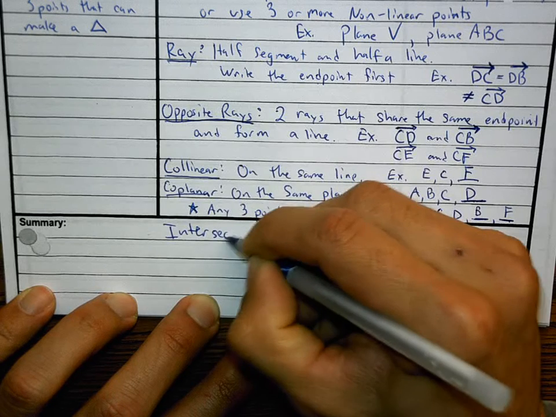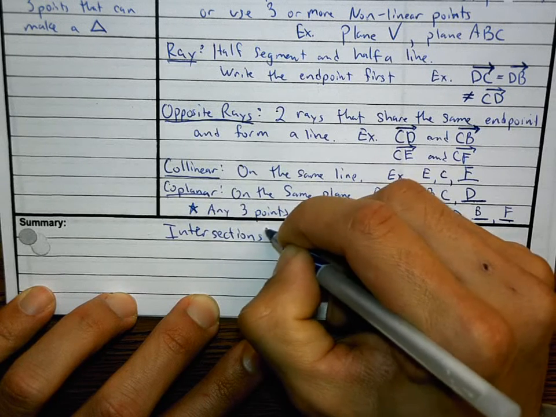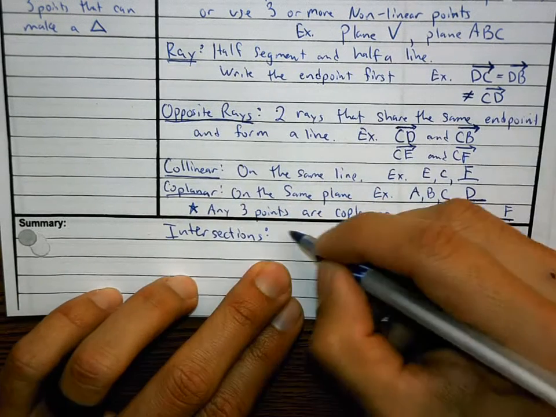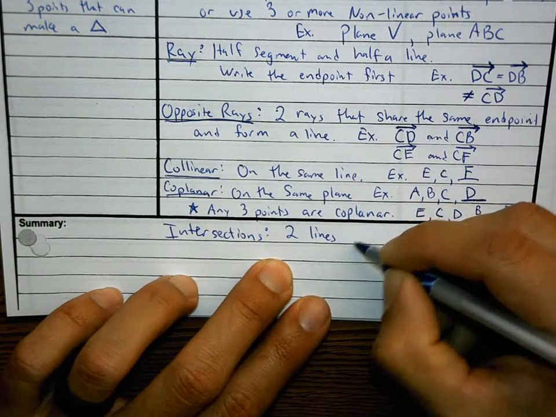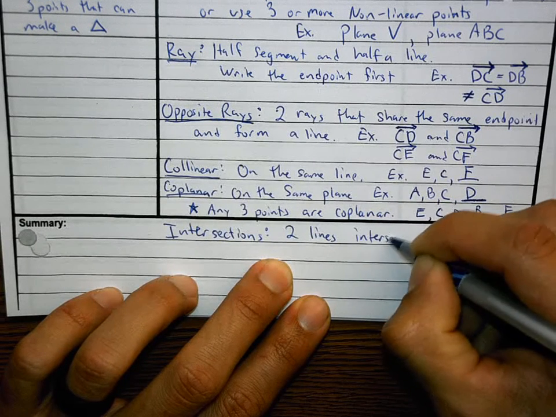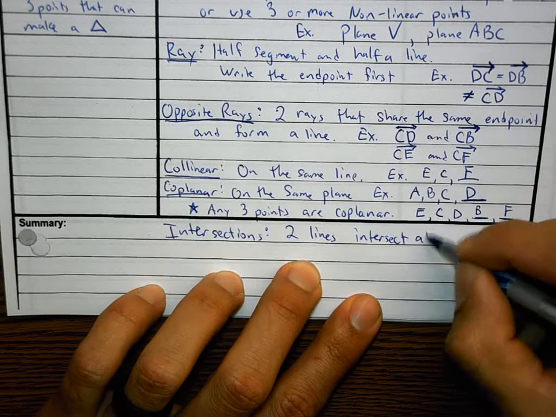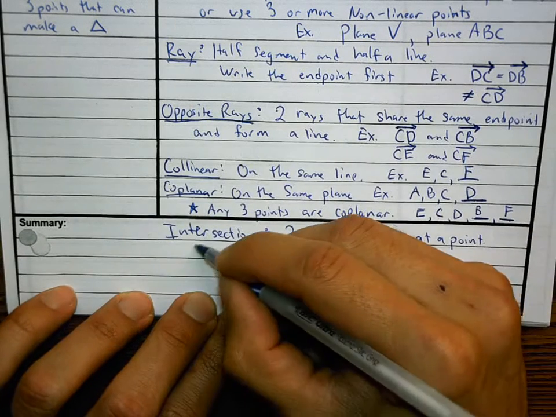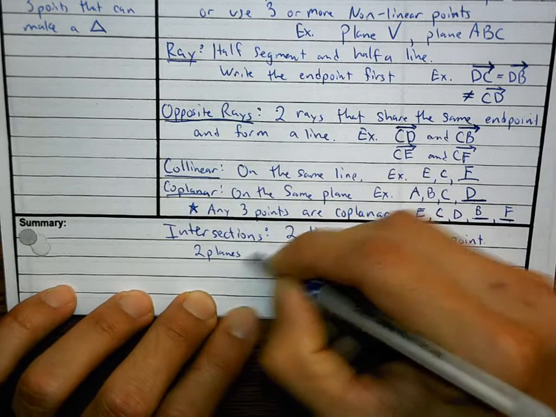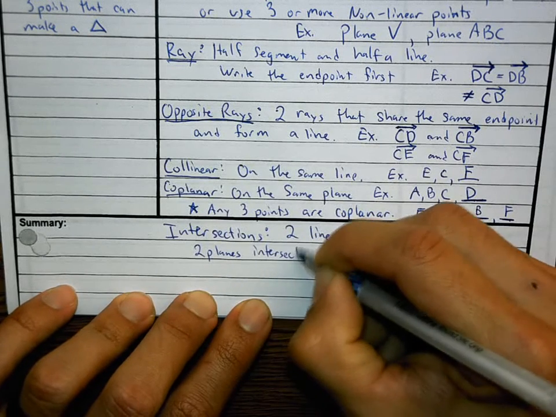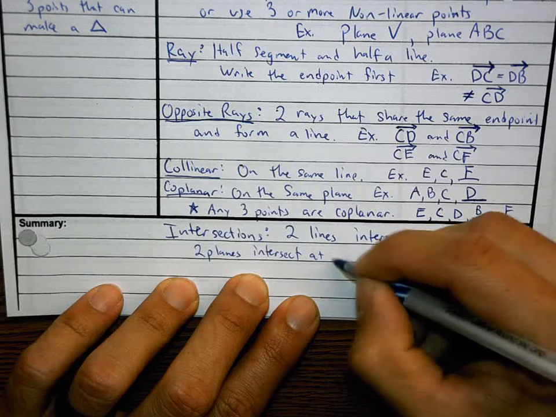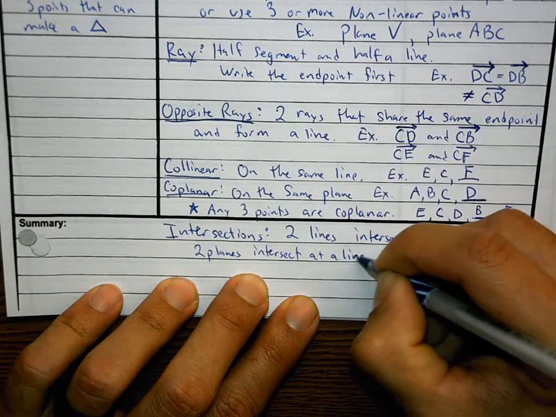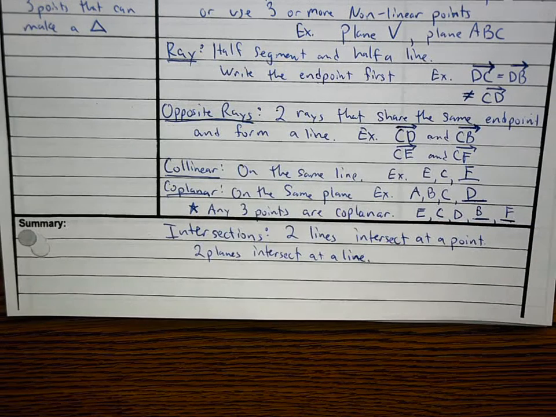Intersections. 2 lines intersect at a point. 2 planes intersect at a line. 2 lines intersect at a point, and 2 planes intersect at a line.